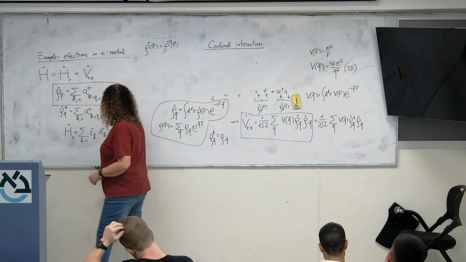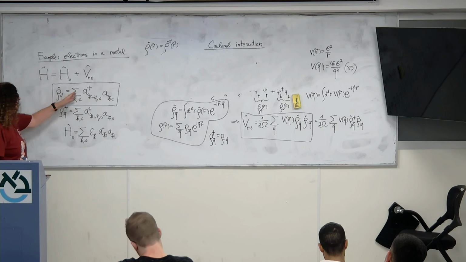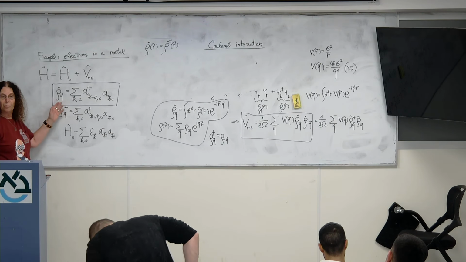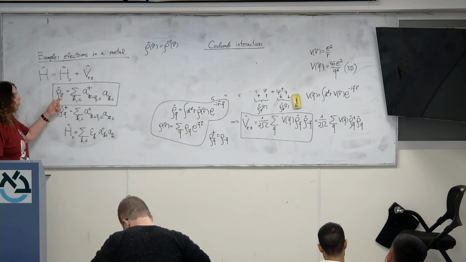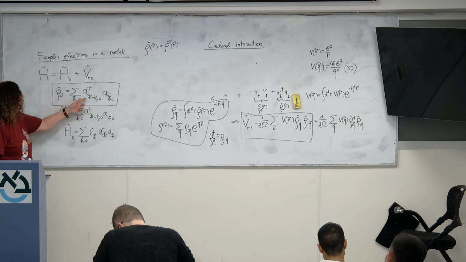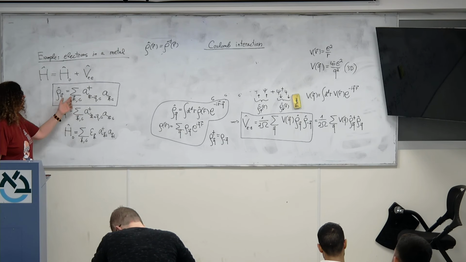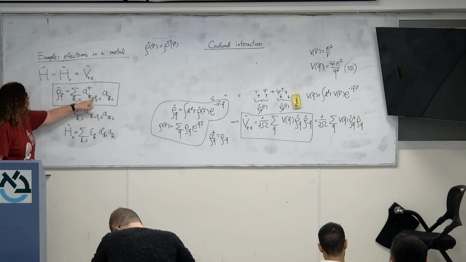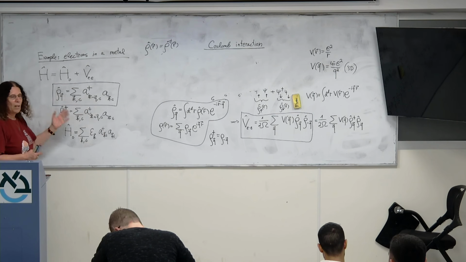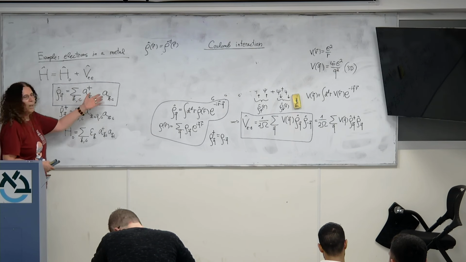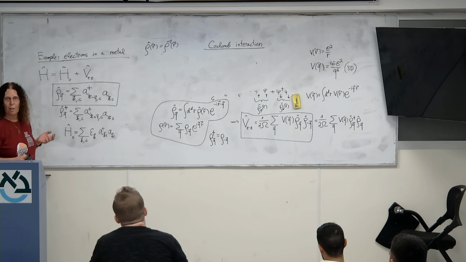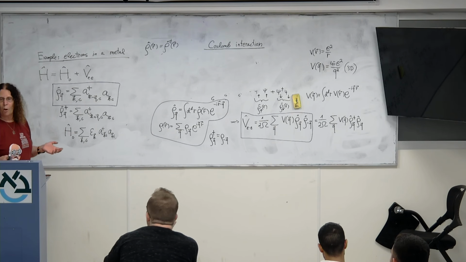If I'm looking at rho of q, this is the general expression. What is rho of 0? If I plug in q equals 0, what do I get? I just get the sum over k and sigma of a dagger k sigma a k sigma, which is nothing but the total number operator, right?